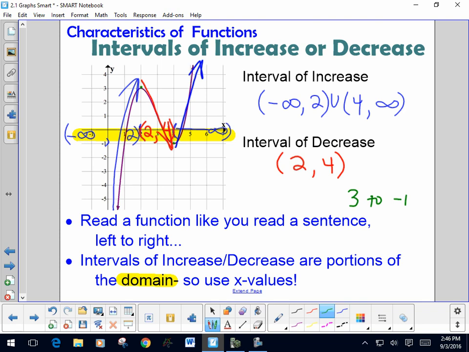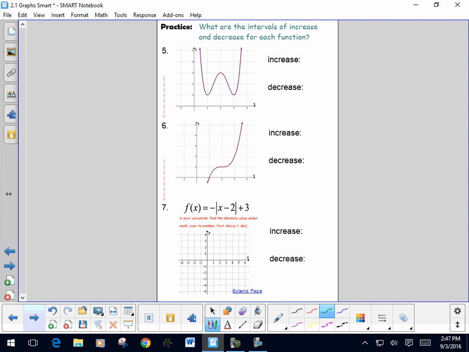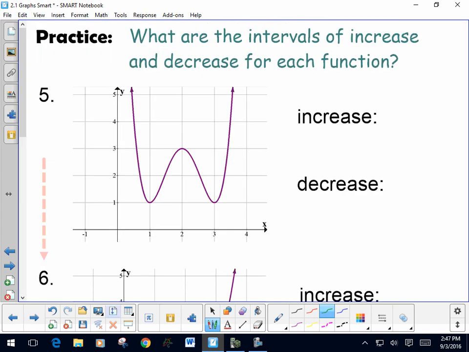Its peak or its relative max is at 3, and then it goes down to a relative min of negative 1. But when we're talking about intervals of decrease and increase, we are talking about portions of the domain. So this would not be what you want to say. That would be incorrect. Focus on the x-axis or the domain.